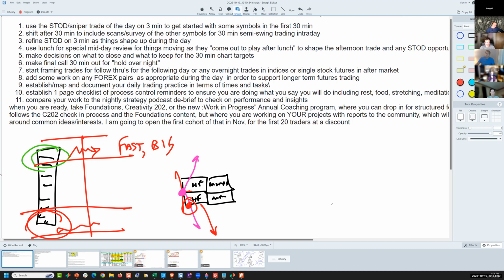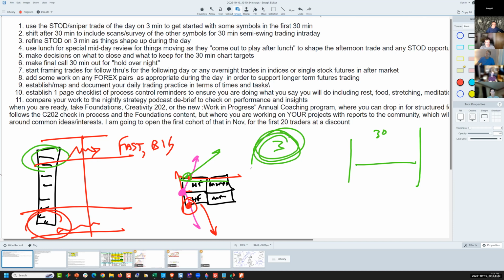And the first thing that moves out to the upside is the first thing I'm going to go long until I get 3. And then I've done what I'm supposed to do in the first 30 minutes.